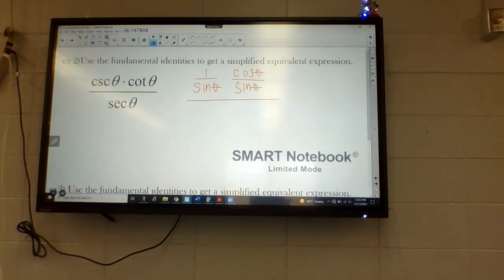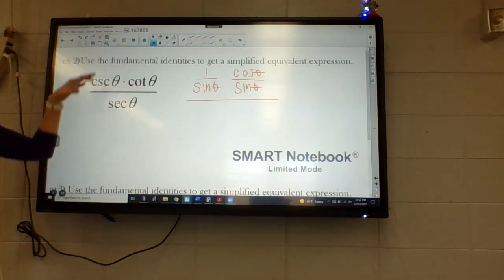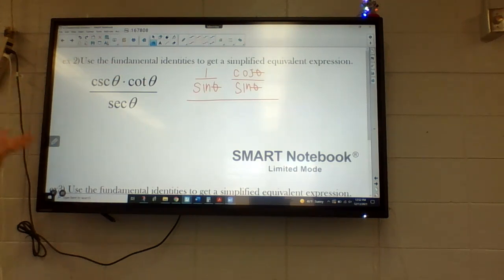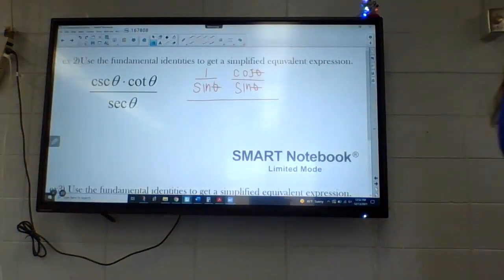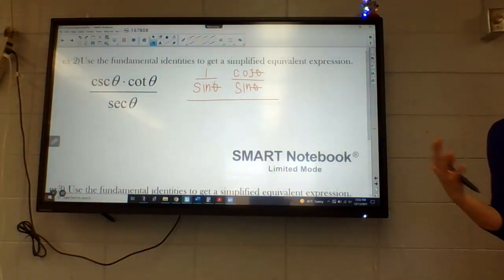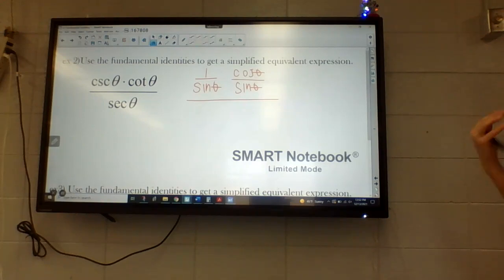Like, why don't I write 1 over tangent in this case? Part of it is just realizing, is there another tangent in this problem? I don't see it. So you try to think a few steps ahead, and sometimes you use 1 over tangent and find that it didn't work, so you go back. Sometimes you head a direction, and it's just not very helpful. It's kind of a little bit of a chess match.